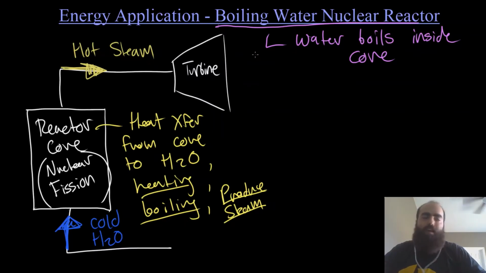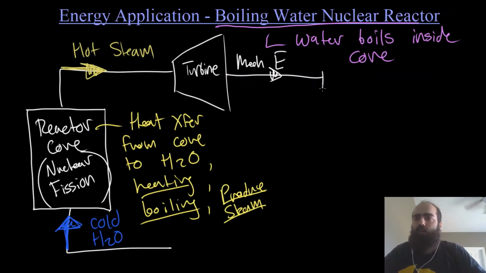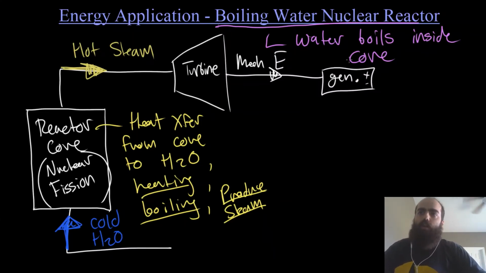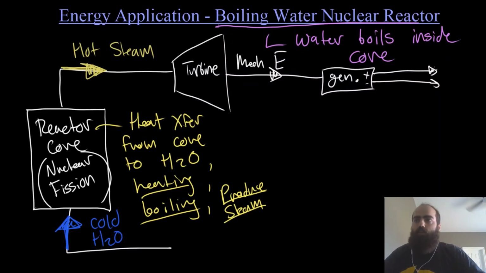The spinning of that turbine produces mechanical energy. That mechanical energy goes into a generator. The rotation of that generator causes a current to be produced through induction, and that's how you get your electrical energy out of your reactor.